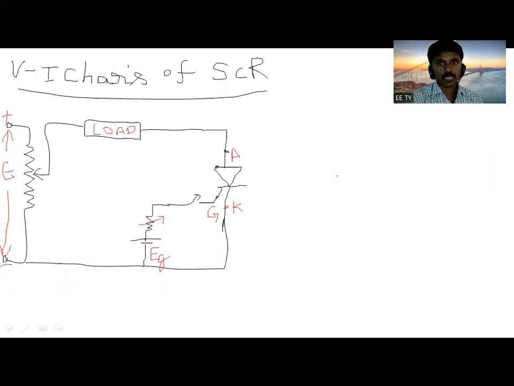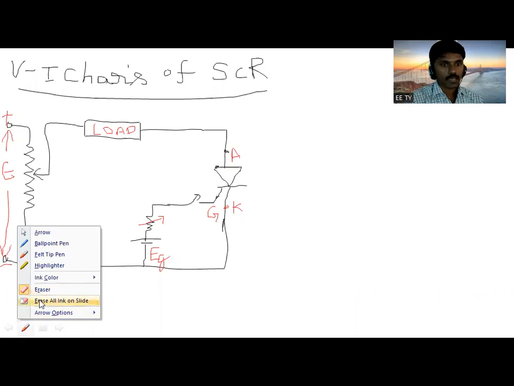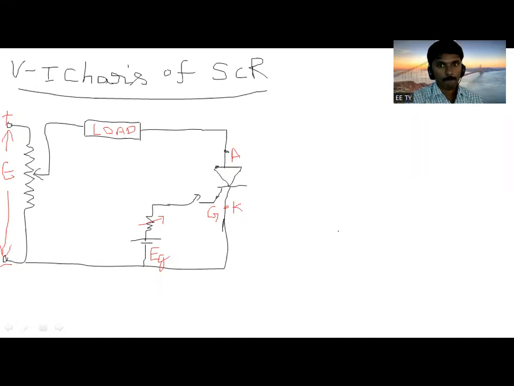So how can we draw the VI characteristics? VI means voltage and anode current. Voltage here means not the supply voltage, but the voltage across the anode and cathode. Clear? Okay, take a graph like this, x-axis and y-axis.